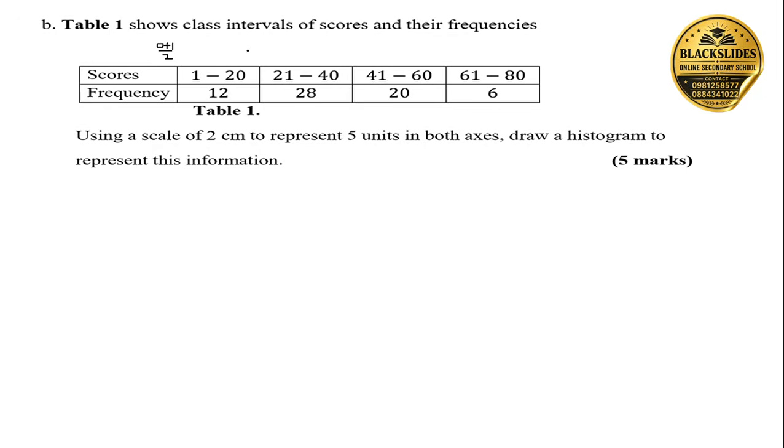Then you take 20, the upper score for this group that got 1 to 20, and then the lower score is 21. Divide again by 2. You continue like that.